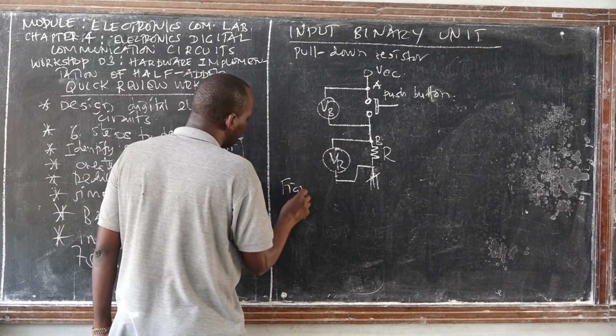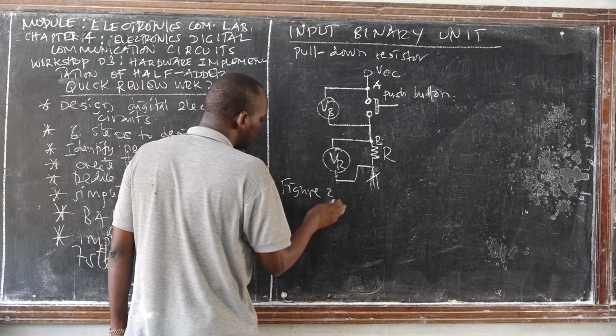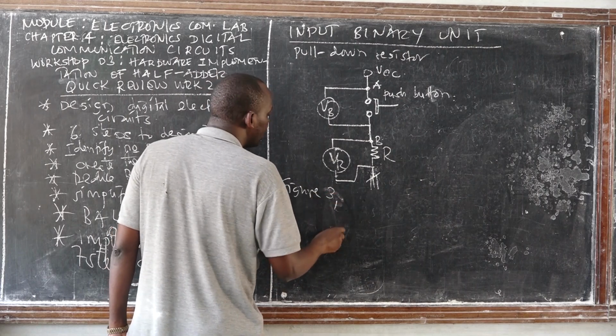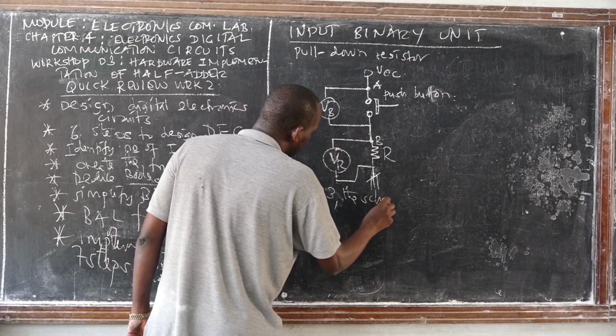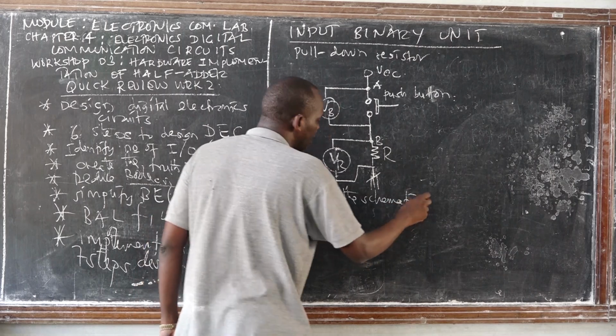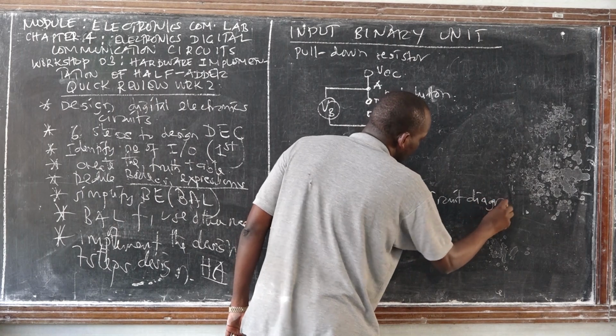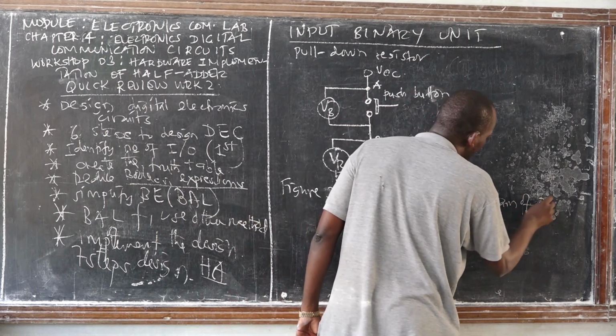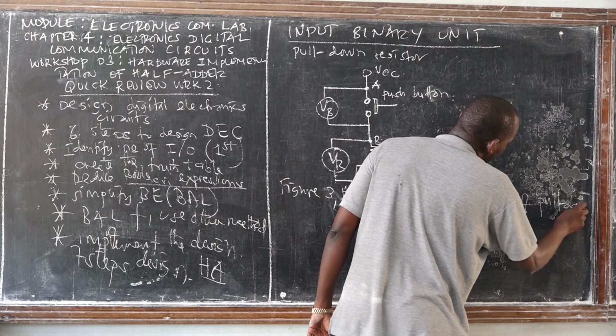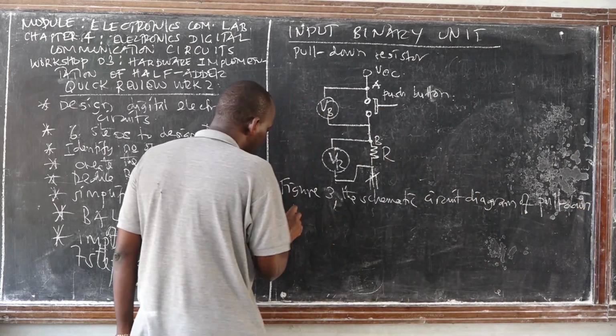It was figure 3. So this is the schematic circuit diagram of the pull-down resistor network.